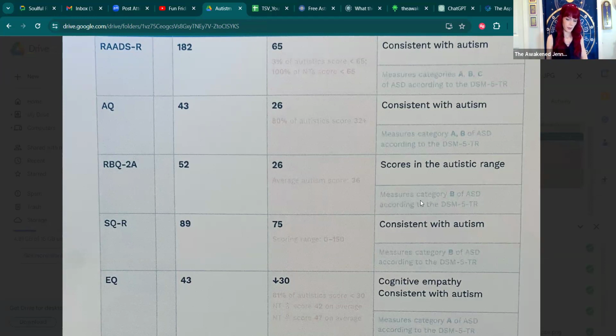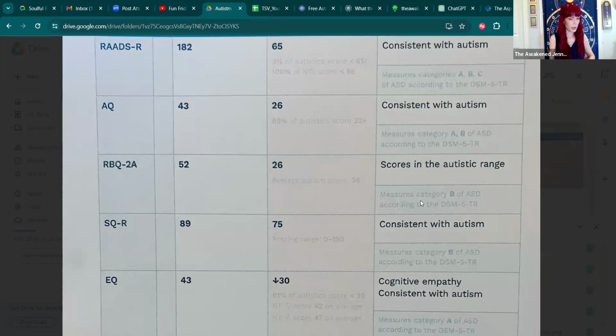Okay, RBQ. That's the repetitive behavior.